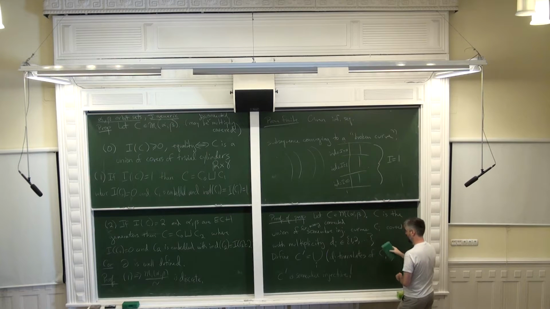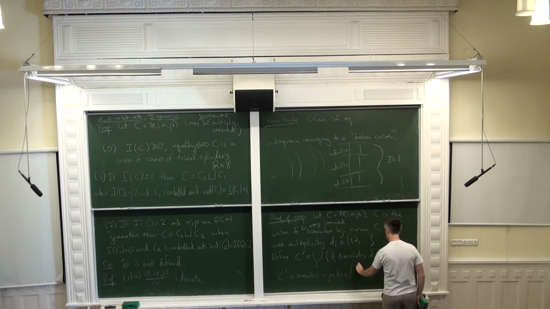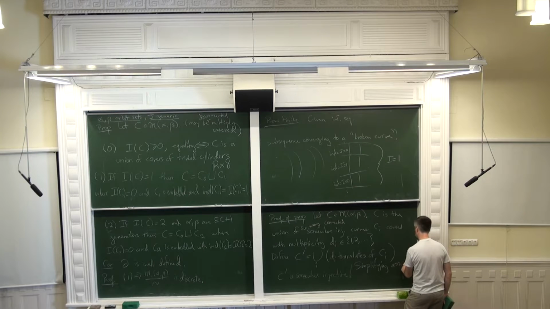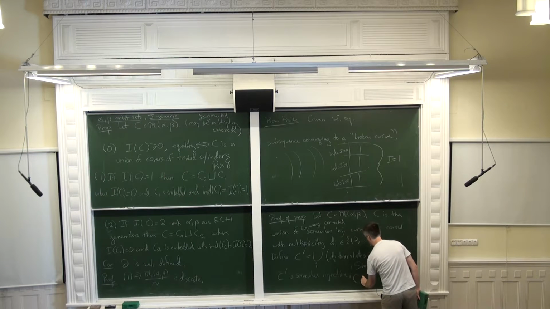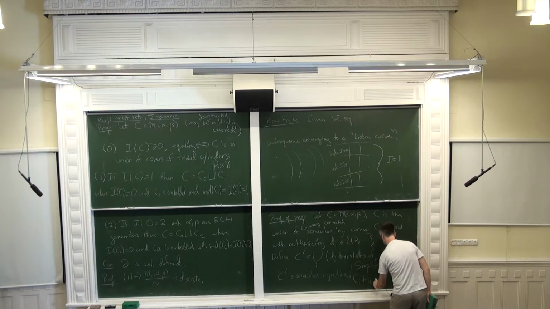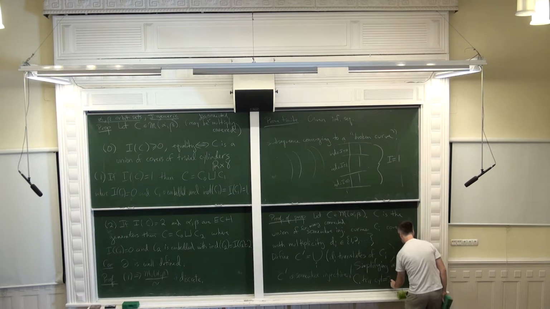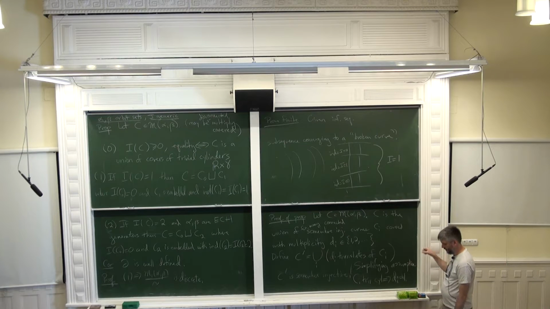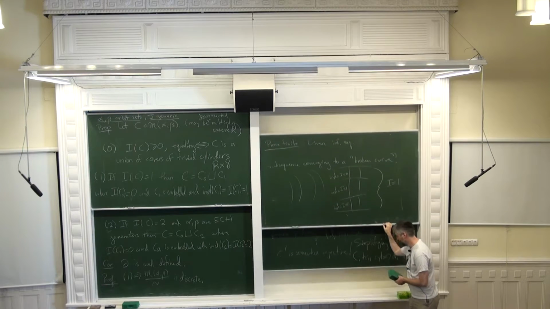So what I should have said first is a simplifying assumption: if C_i is a trivial cylinder, then d_i equals 1. Otherwise, what I said about C prime being somewhere injective is nonsense. So we can drop the simplifying assumption, but it requires a little more work, which I don't have time to do right now. Let's just assume that and see what happens.